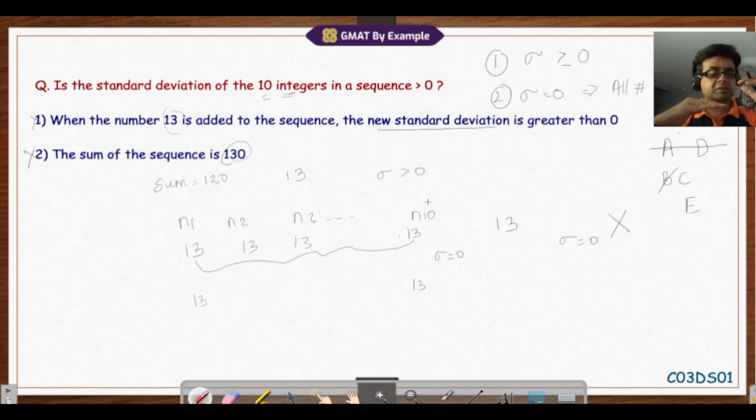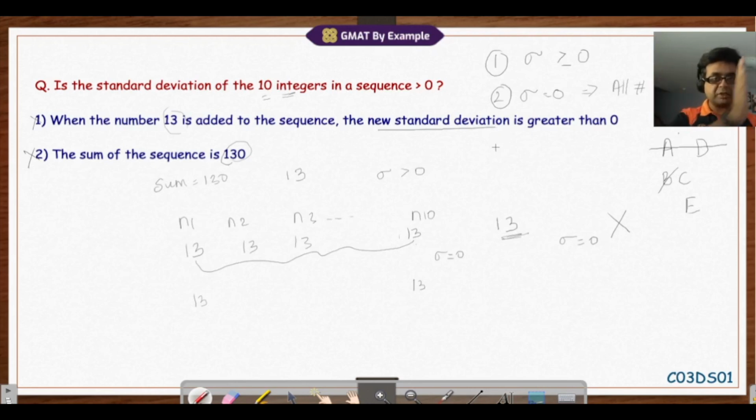Which means that those numbers have to be different than 13 itself. To make the sum 130, some would have to be greater than 13 and some would have to be less than 13. They cannot all be 13 because when you add 13 to it, statement 1 says standard deviation is greater than 0, which is not possible.